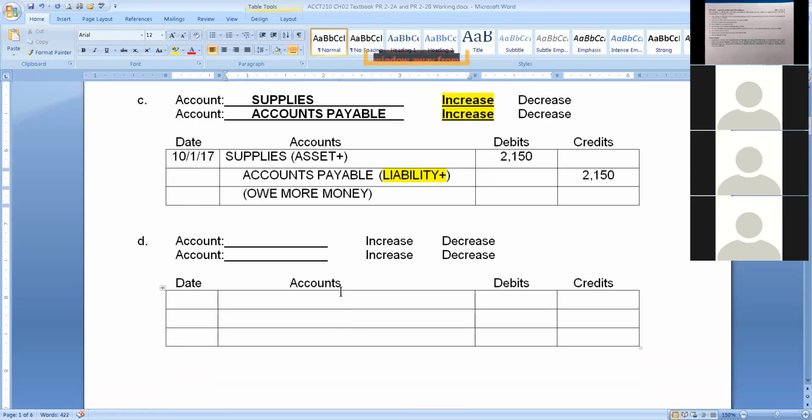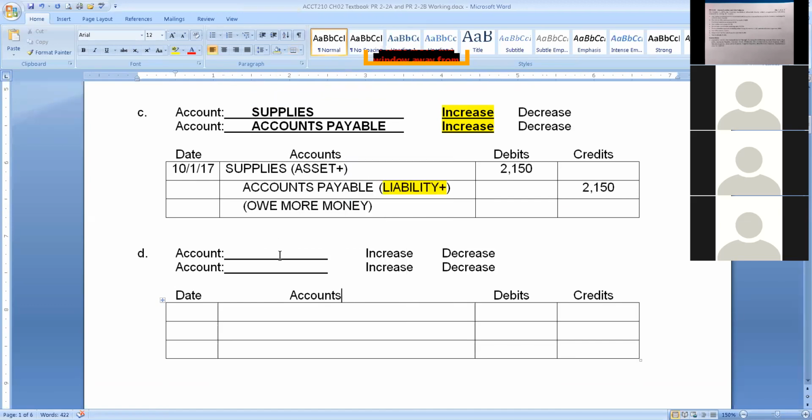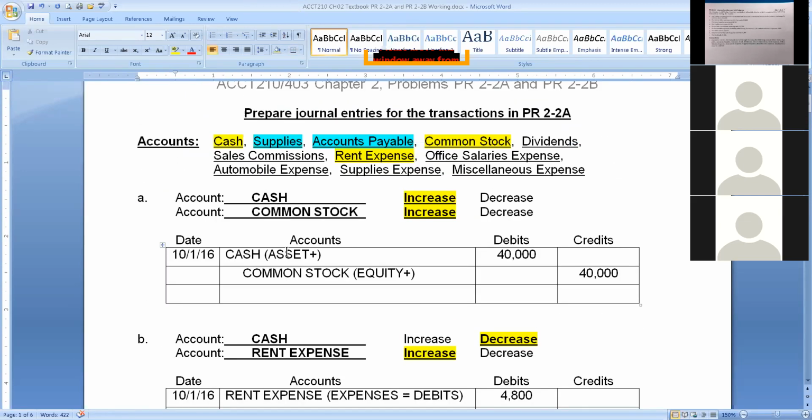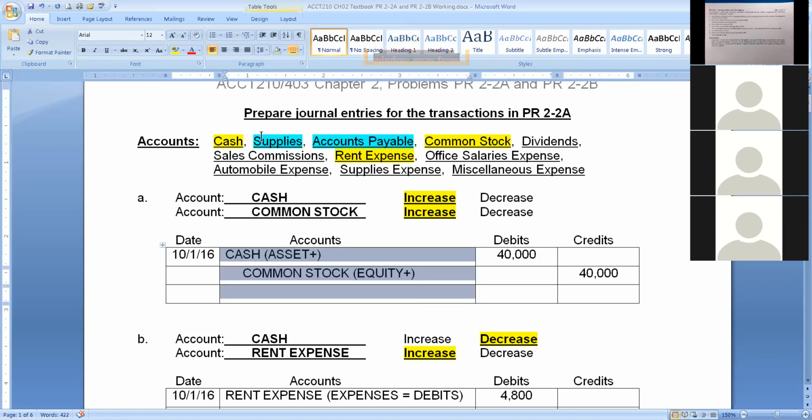Okay. D, paid creditor on account, $1,100. Okay, so we paid them. So when you pay somebody, what account are you probably looking at? It says paid.